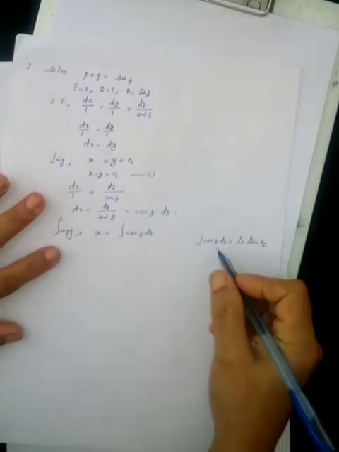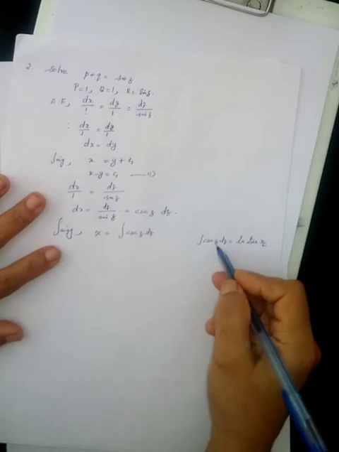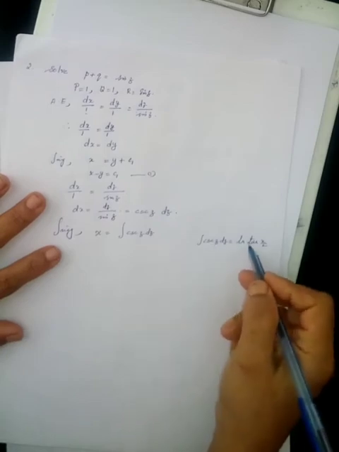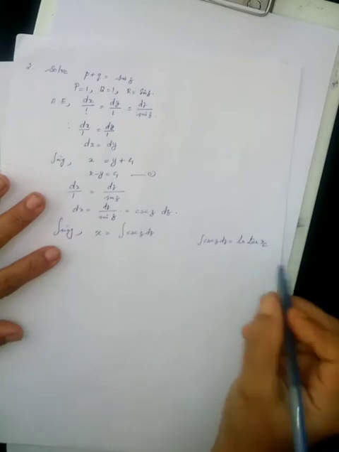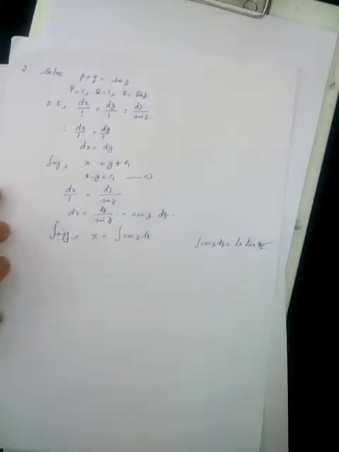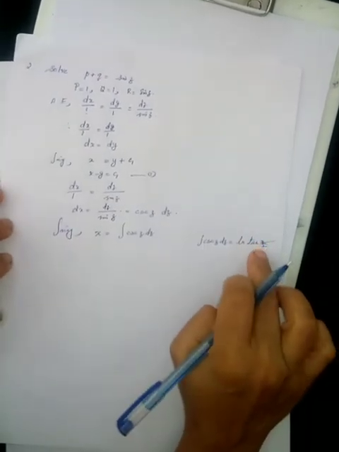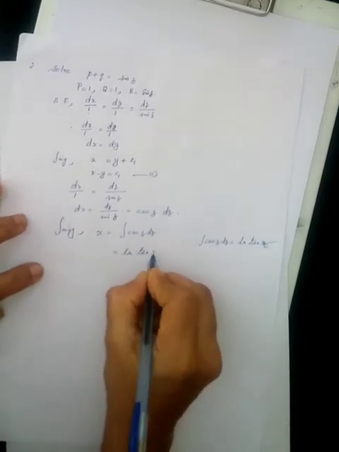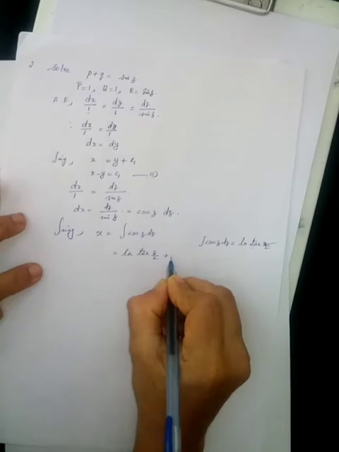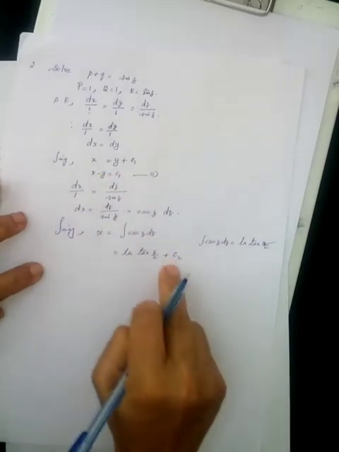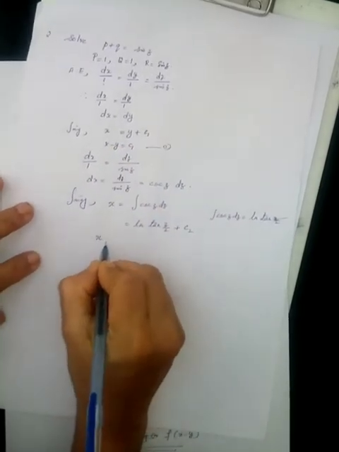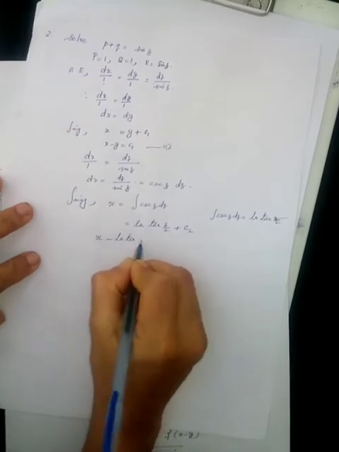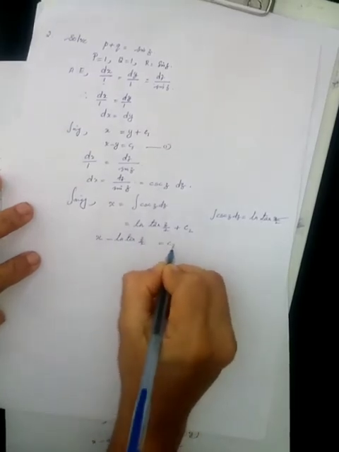There are two formulae, either log of cosec z minus cot z or log tan z by 2. We are applying this formula here. So that is equal to log tan z by 2 plus the constant of integration, put it as c2. Here we have c1, so this is our c2. That is x minus ln tan z by 2 equal to c2.